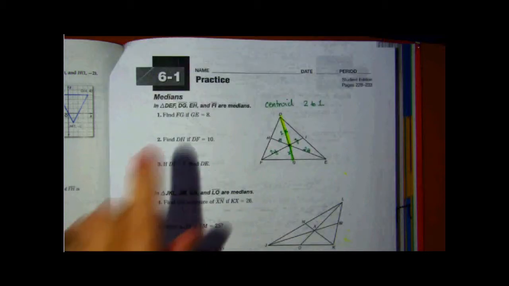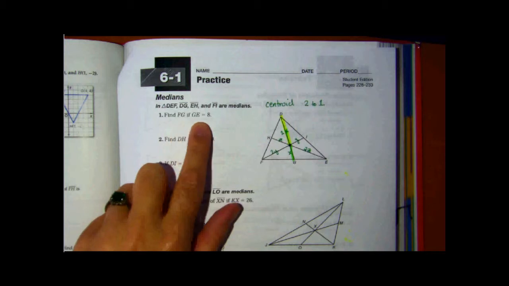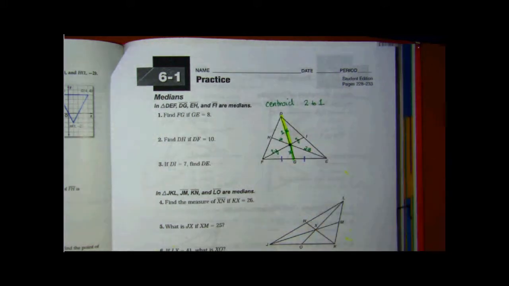So I want to find FG. If GE is 8. Well, okay. What else do we know about medians? Anybody? They cut the sides in half. So this length is the same as that length.